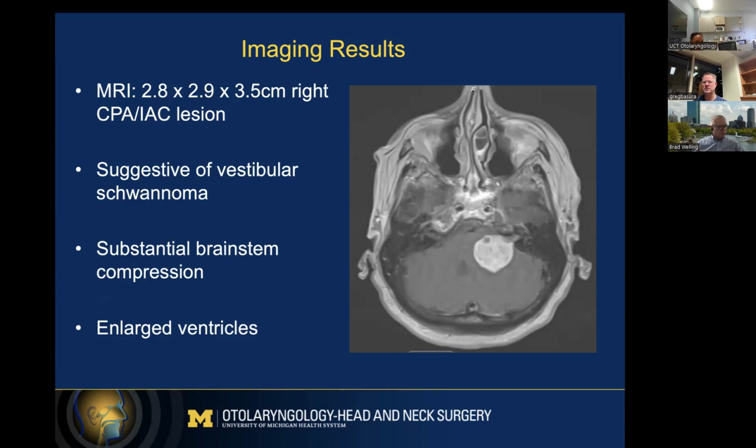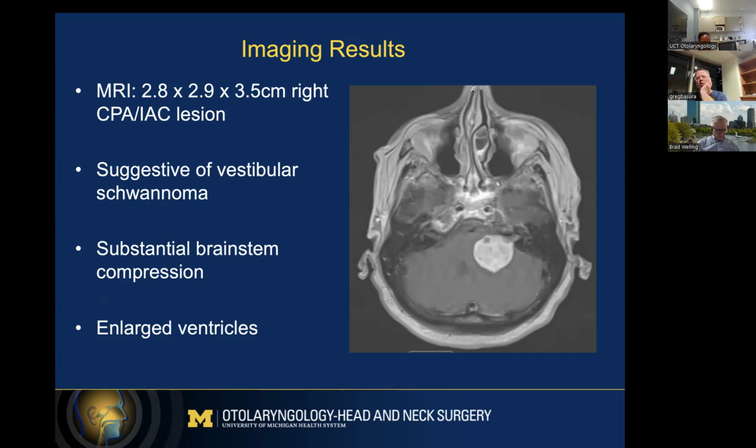What is a choristoma? Have you ever heard of this term? A choristoma is usually a lesion that is commonly found in the external auditory canal, and it comes from the apocrine glands.